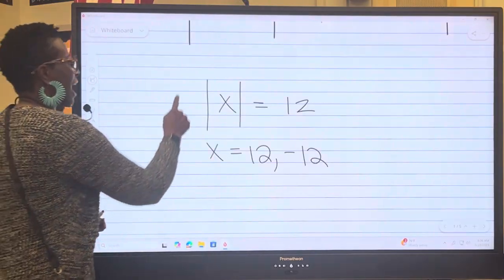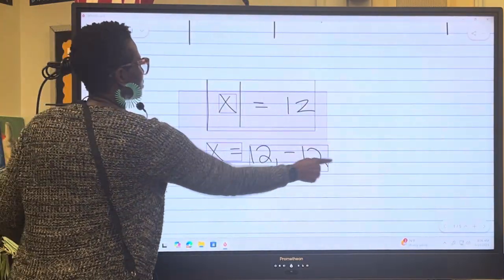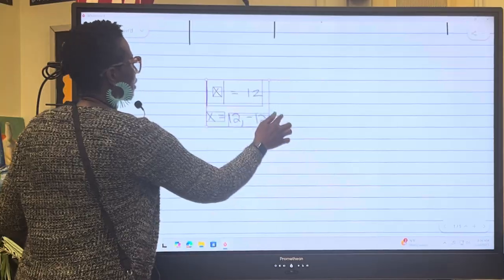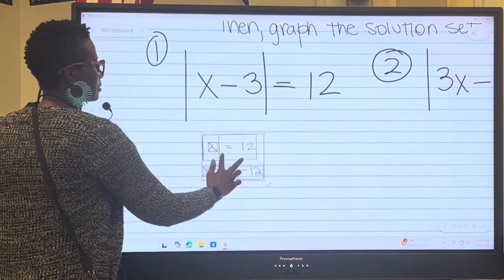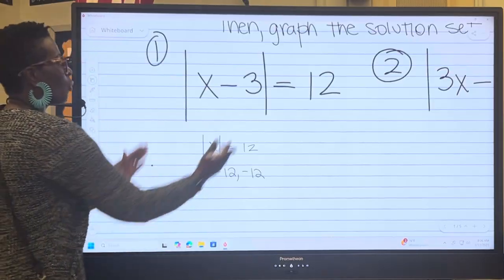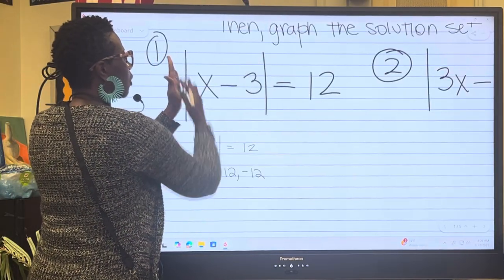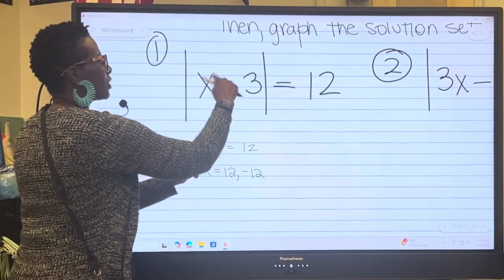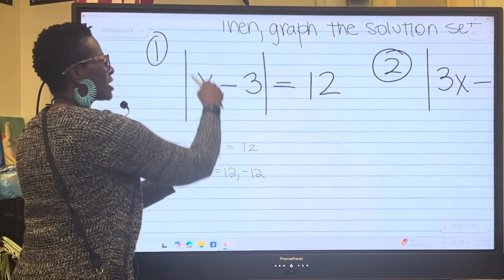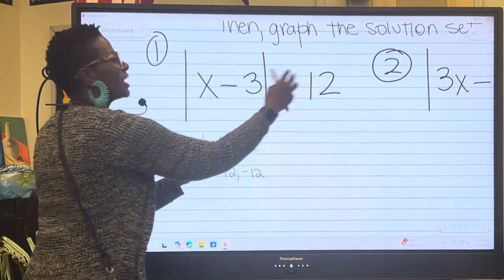I want you to see how this problem looks like this. Whatever this comes out to be, it could be either what? 12, or what's in here can come out to be what? Negative 12.